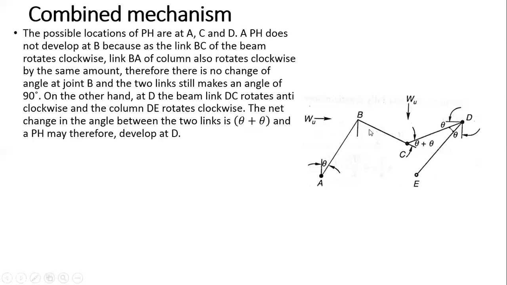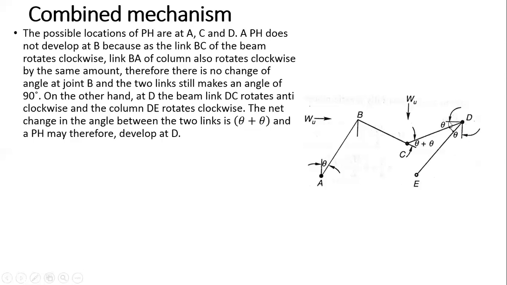For a plastic hinge to develop, the angle should change from 90 degrees. As in the case here, you will see that this beam DC portion deflects in the anti-clockwise direction. So there is an angle theta here, anti-clockwise. And this column, because of this horizontal load, deflects to the right. So this is your clockwise rotation.